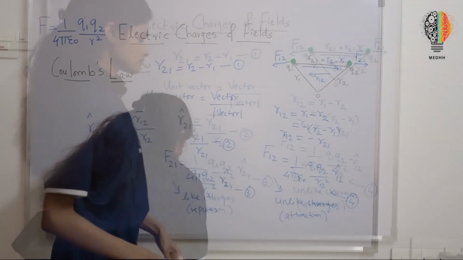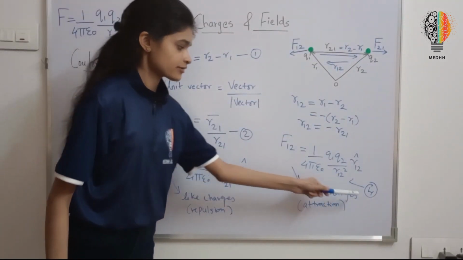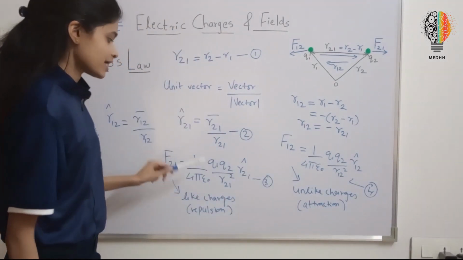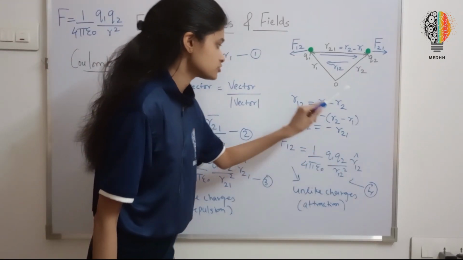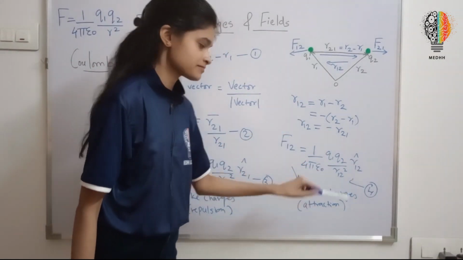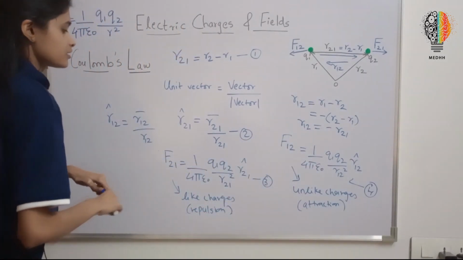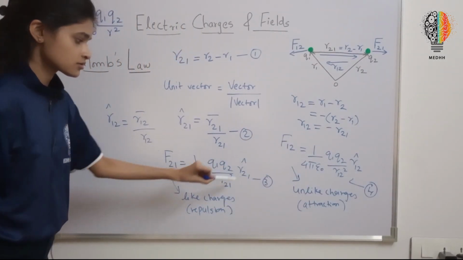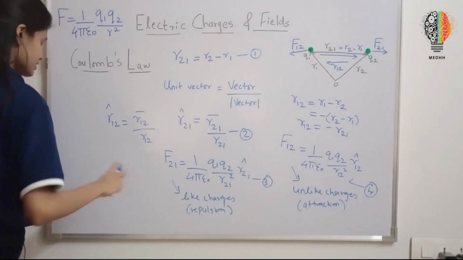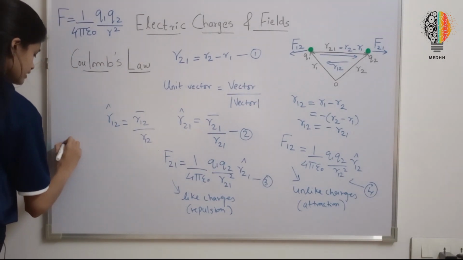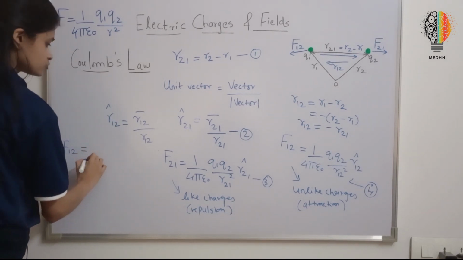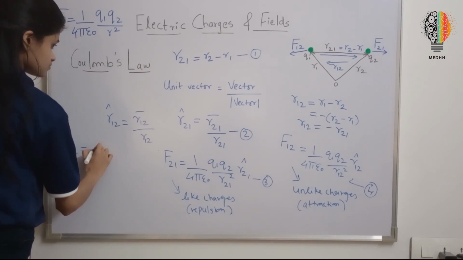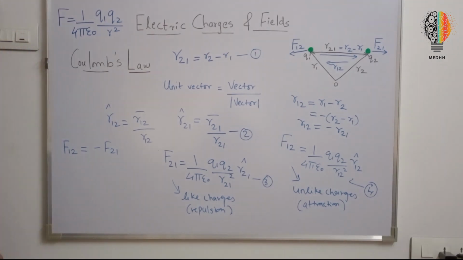Attraction, and this is repulsion. So if we look at equation 3 and 4, we can actually write both in terms of each other. If we substitute R12 as minus of R21, this will be equal to this, right? So we can write F12 is equal to minus of F21, right?